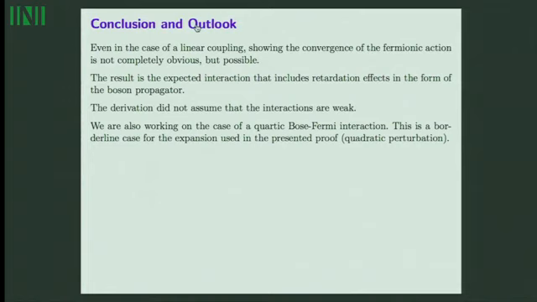studies that are not completely expansionists. Now, if you remember the beginning of my talk, I had started with two Hamiltonians. One was this electron phonon, and the other one was this with the quartic Bose-Fermi interaction. This is a technically interesting case because it's borderline for the expansion that we used here.